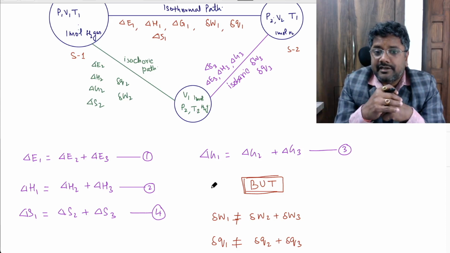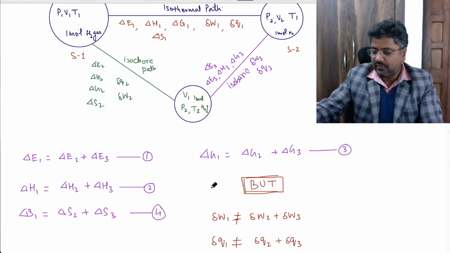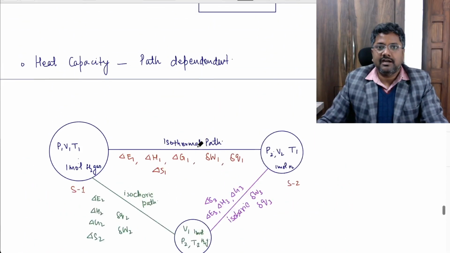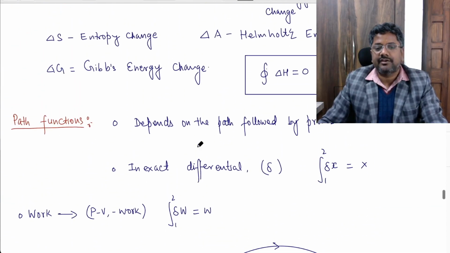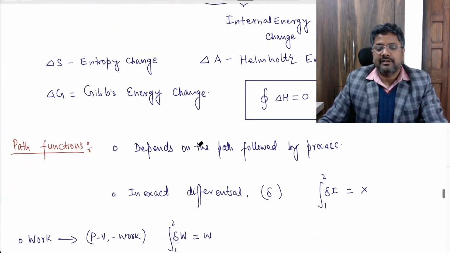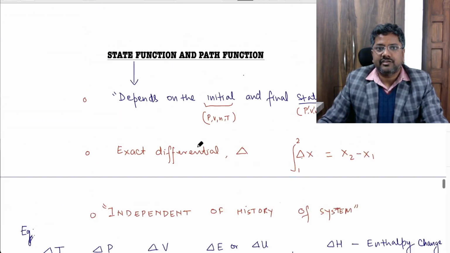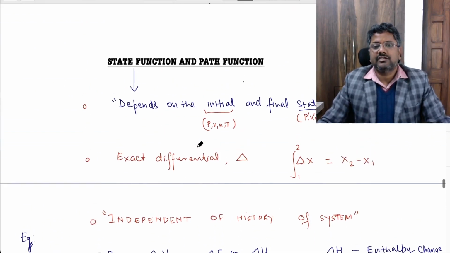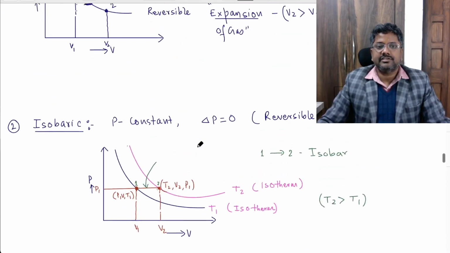It is independent of the path followed by the process. So hopefully all of you are clear regarding what is the meaning of path function and state function, what is the representation of path function and state function, and the mathematical definition as well. So this is all about state function, path function, and general definitions of different processes.